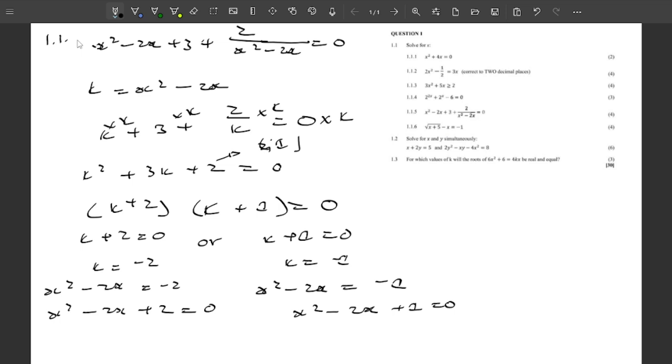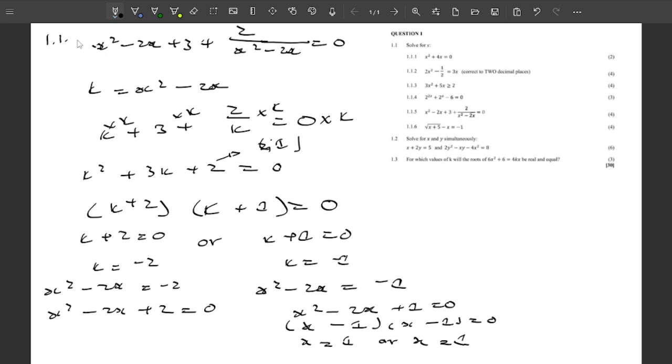Now for this one here, we know that it's just going to be x minus 1 and x minus 1, which equals 0, right? And the x value for this one is going to be positive 1, or x equals 1. Now for this one here, we can use the quadratic equation.